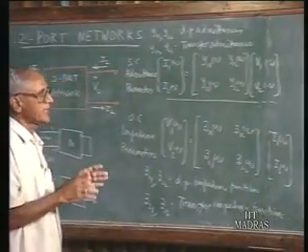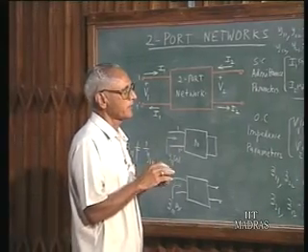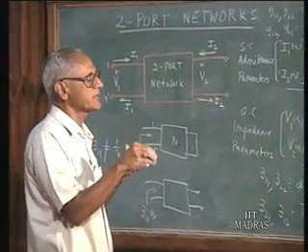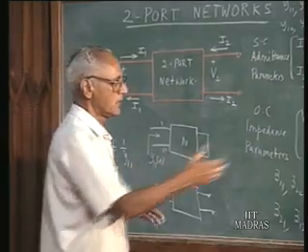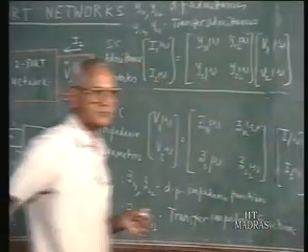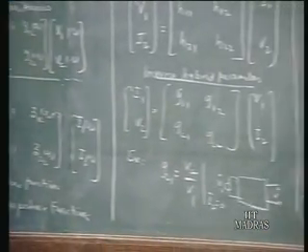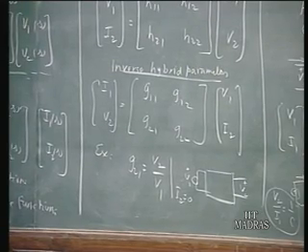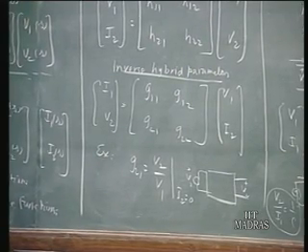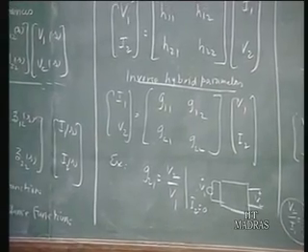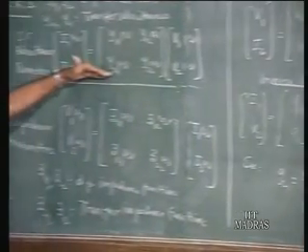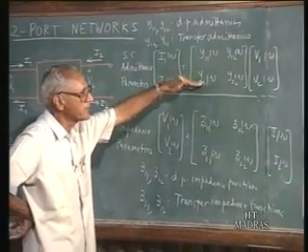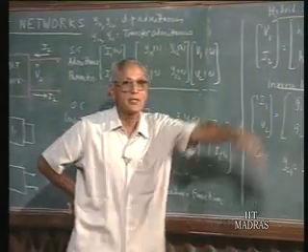So, the important thing is that we must have familiarity with these, and we must be able to define each one of these parameters in any one of these sets in this fashion. We must know the dimensions of the quantities that are involved. And furthermore, by manipulating these equations, if somebody gives us the admittance parameters of a 2-port network, from these Y parameters you should be able to derive any other set of parameters.